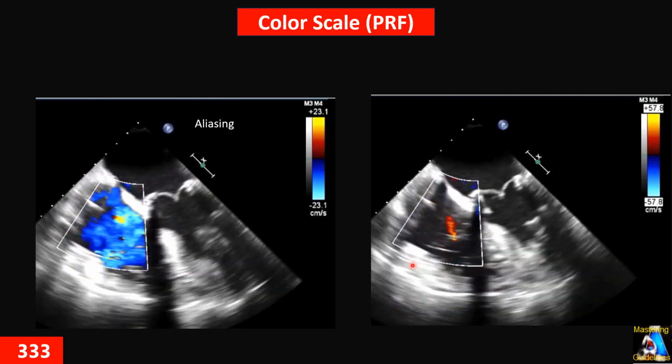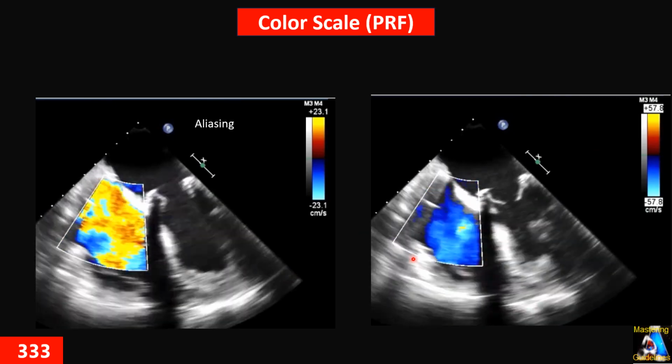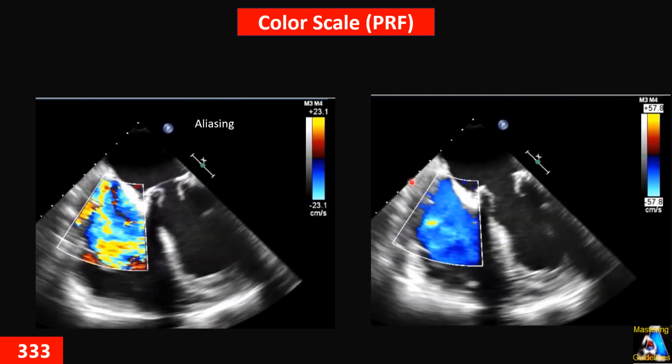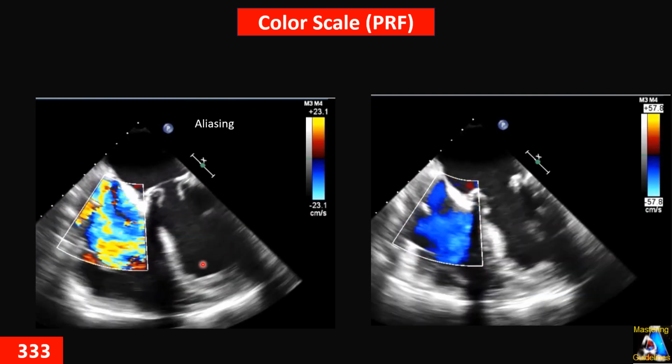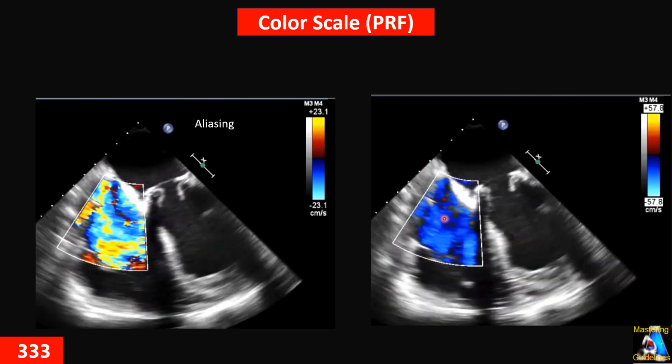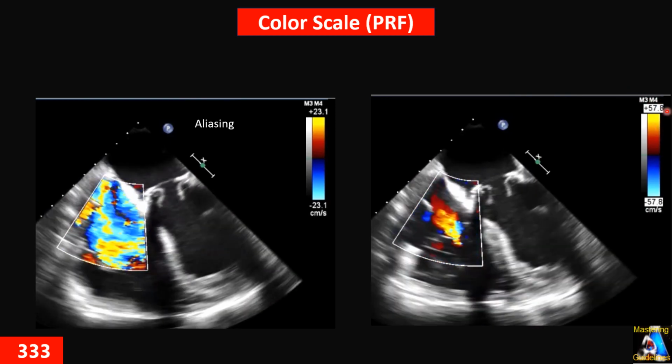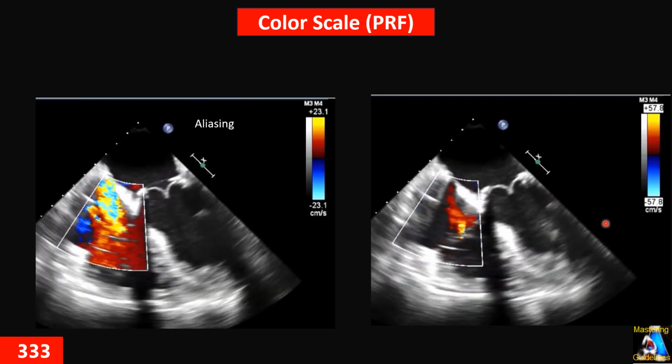So if inside of the heart we decrease the scale, it has two results. First of all, as you can see here, we have TR on the tricuspid with a PRF of 57 centimeters per second.